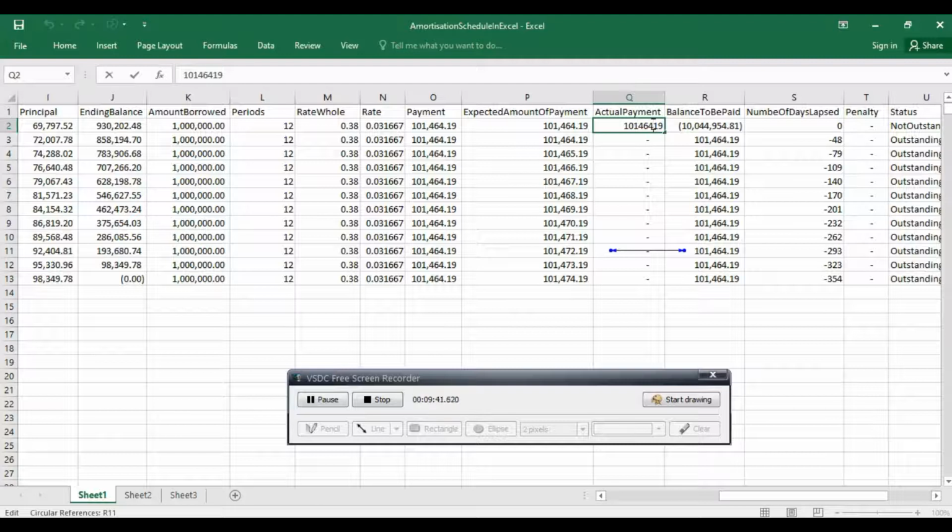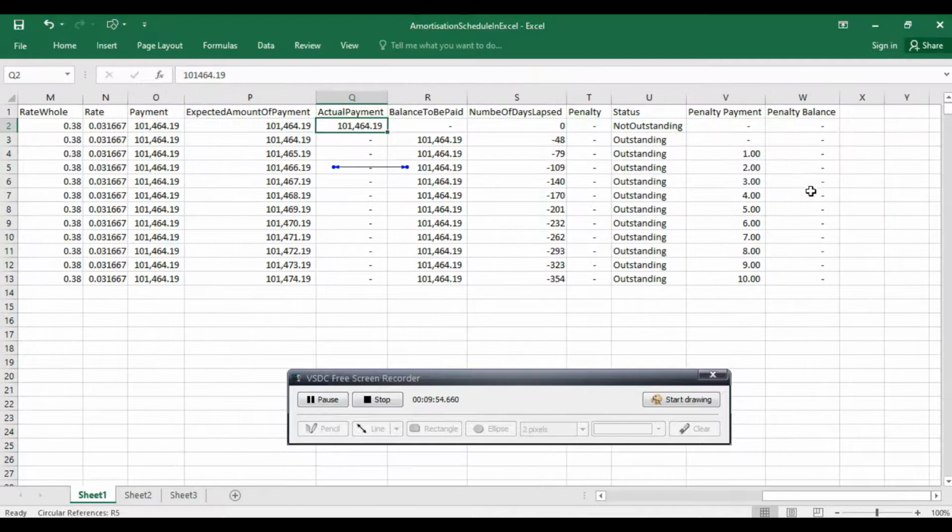The balance is 0, and here it is indicating not outstanding.